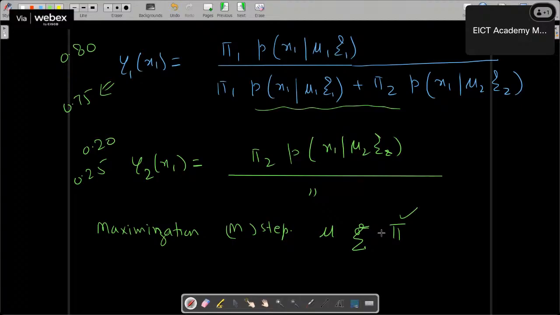Or you run the iteration, say, 10 times. Whether or not convergence takes place, after the 10th iteration it will stop. So there is another way to stop this algorithm. The first method is, if the previous parameter values and the current parameter values are the same, then you stop the algorithm.